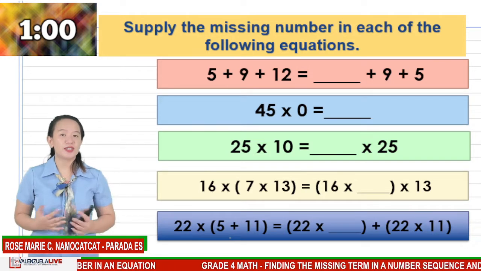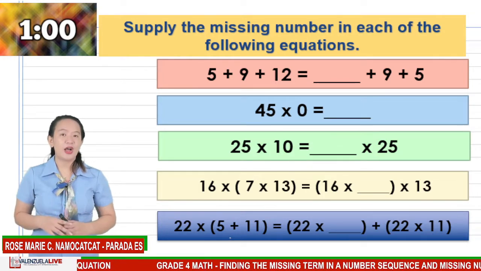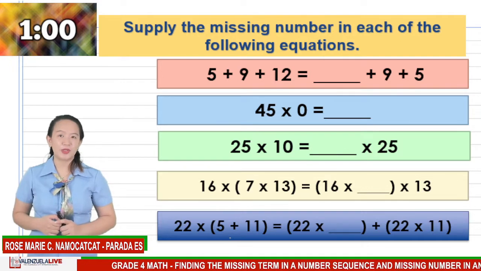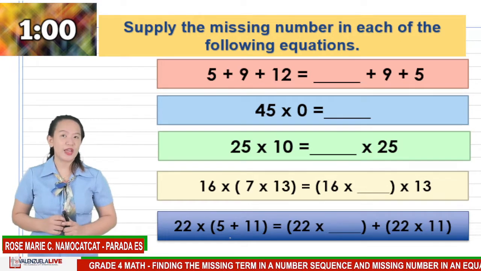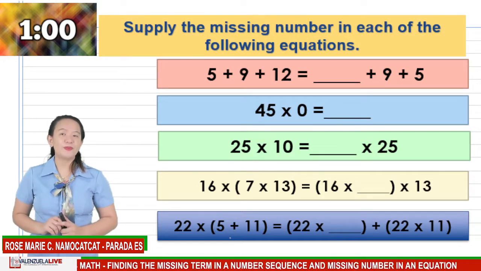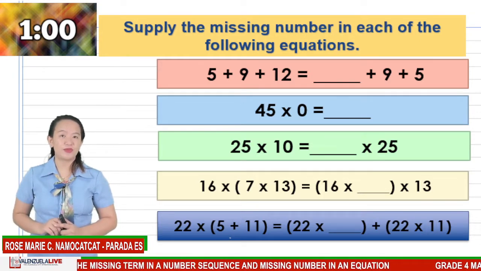We already discussed the different fundamental operations and properties of the different fundamental operations. So now let's try if you can answer the following. For number 1, we have 5 plus 9 plus 12 is equal to blank plus 9 plus 5.